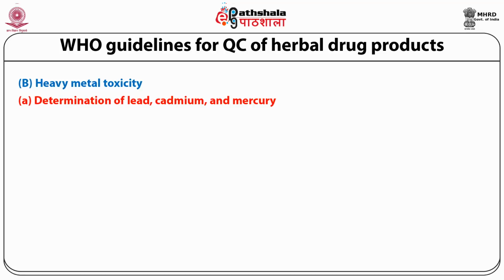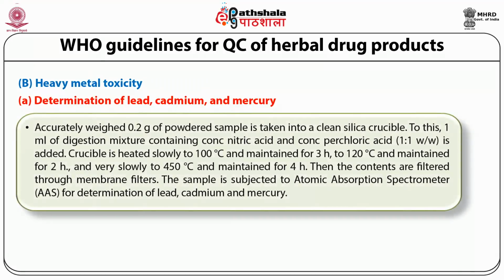In the first determination related to lead, cadmium and mercury, the sample is cleaned and taken into a clean silica crucible. Then it is digested with concentrated nitric acid and perchloric acid in a ratio of 1:1.